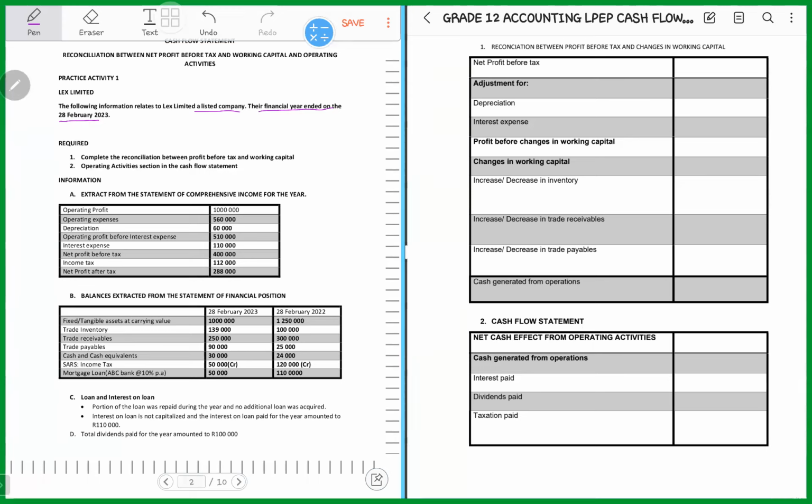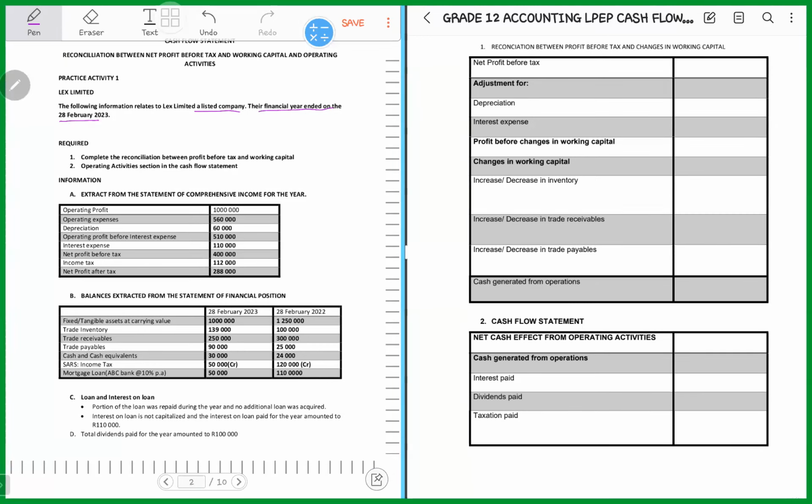So this is the first note when we prepare the cash flow, so that it can also aid us to calculate the total cash flow from operating activities. Then requirement number 2 is that we should prepare the operating activities section in the cash flow statement.